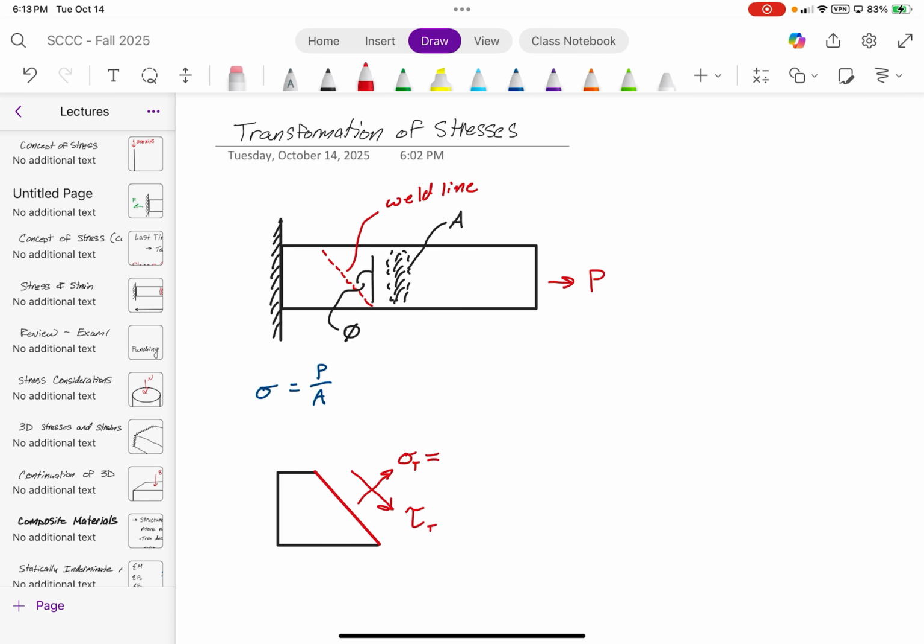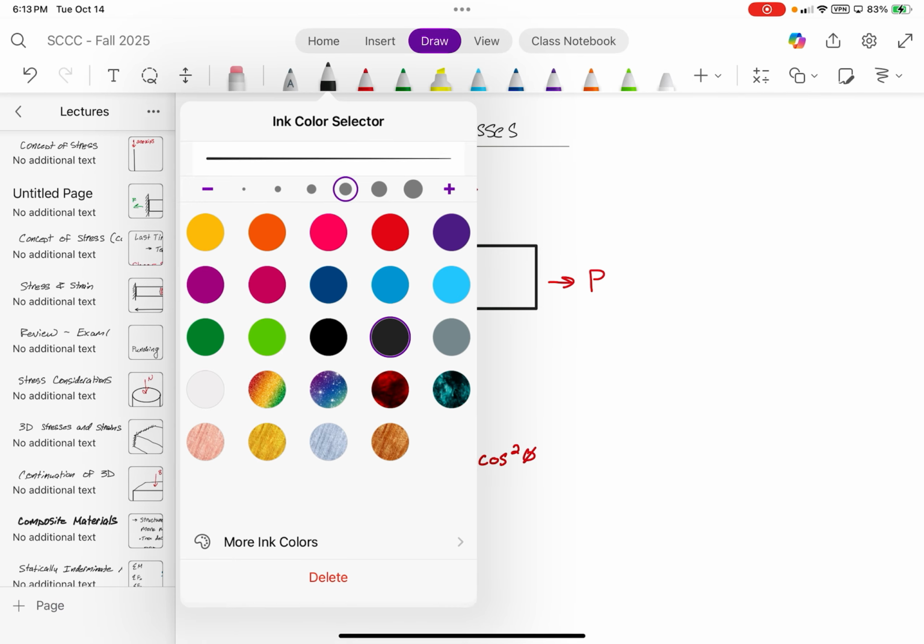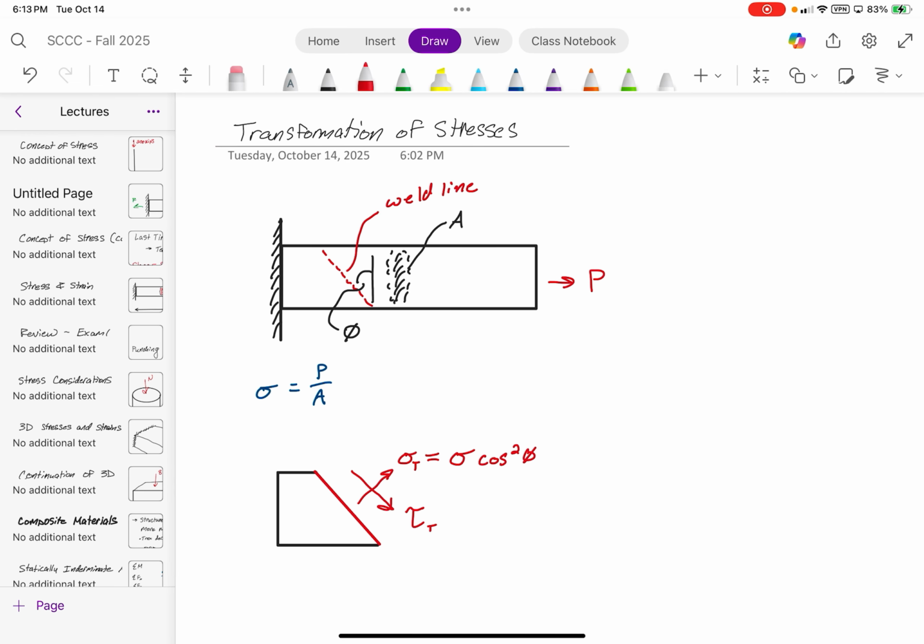This transformed stress is equal to the initial stress, sigma, times cosine squared theta. And then this transformed shear stress is going to equal the normal stress multiplied by sine of theta times cosine of theta.